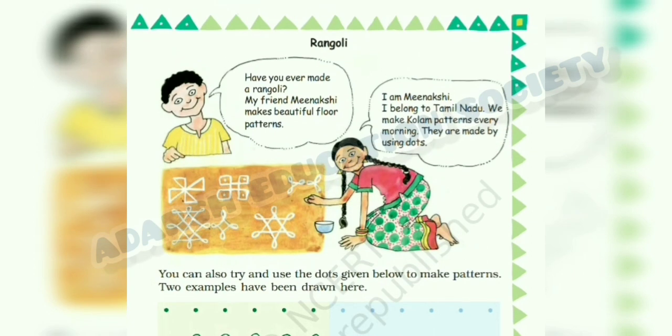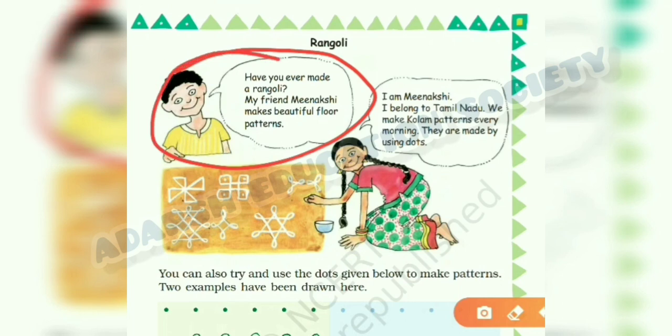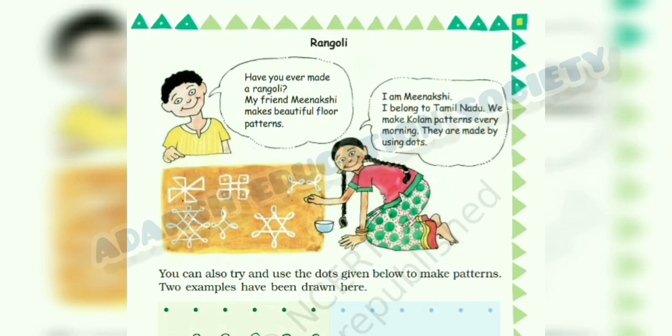Now here this boy is asking the question: have you ever made a rangoli? My friend Meenakshi makes beautiful flower patterns. Here this boy told us his friend Meenakshi makes beautiful flower patterns.